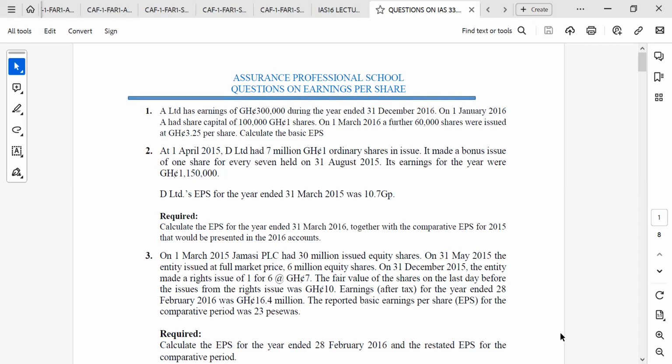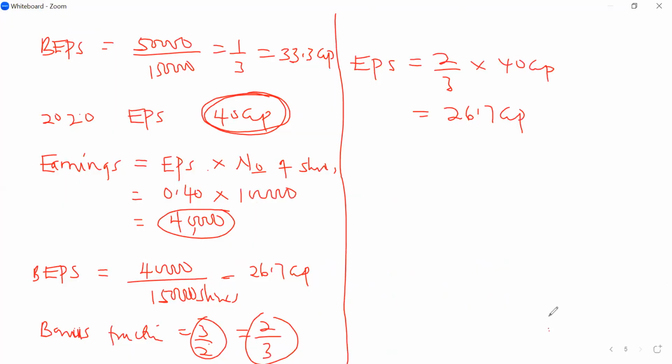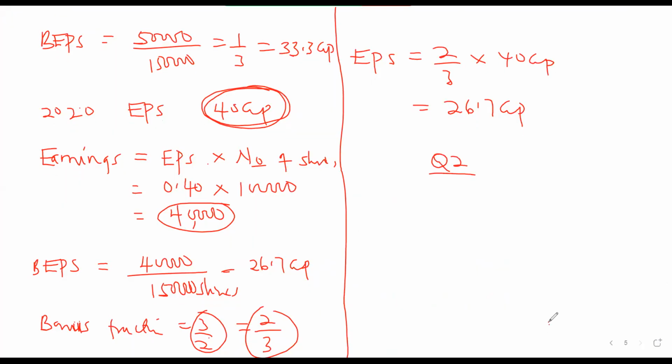All right. So what we do now is what? What is the number of shares that the company is currently having? What is the shares in issue? 7 million. So shares in issue is 7 million, isn't it? Okay.